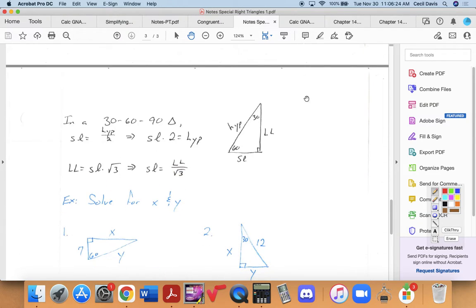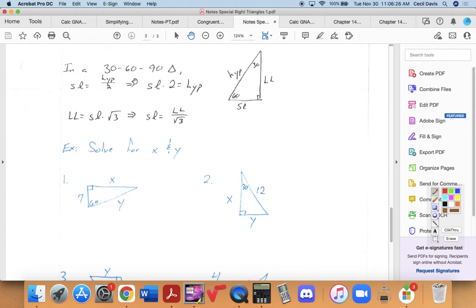That's the rule for 30, 60, 90 triangles. In a 30, 60, 90 triangle, the short leg is half of the hypotenuse, which means the hypotenuse is twice the short leg, same thing, and the long leg is the short leg times the square root of 3, which would mean the short leg is the long leg divided by the square root of 3.